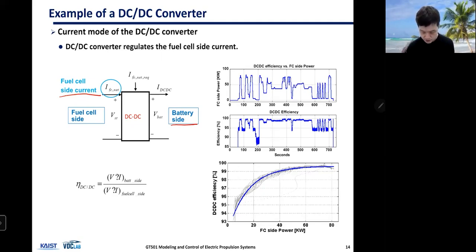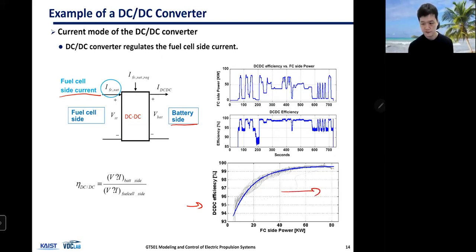And if you take a look at this plot, you can see the efficiency is usually above 99% when it's operating at higher power region.